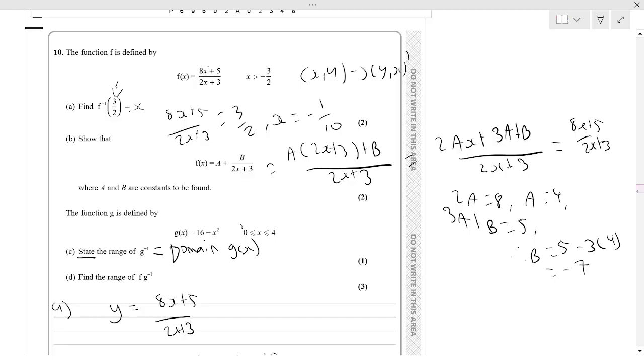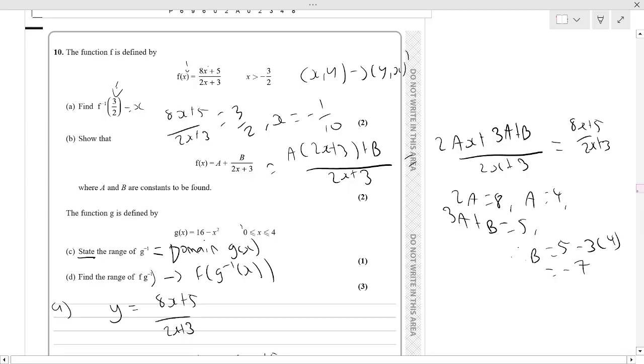Okay, so then part D says find the range of fg inverse. So you need to realise that it's a composite function. So it's f of g inverse of x. Remember it's not times, it's a composition because there's no brackets, right? There's missing brackets because remember f of x has a bracket.